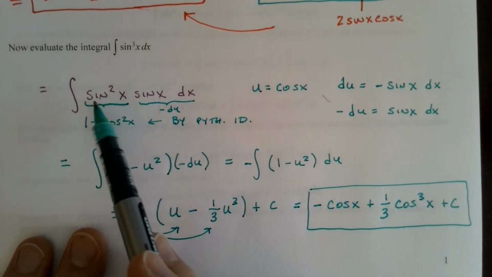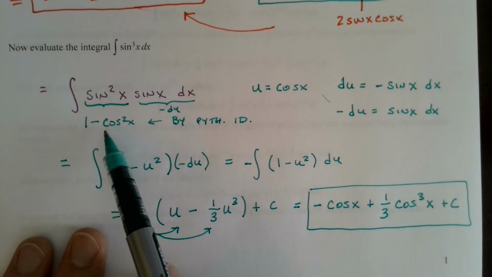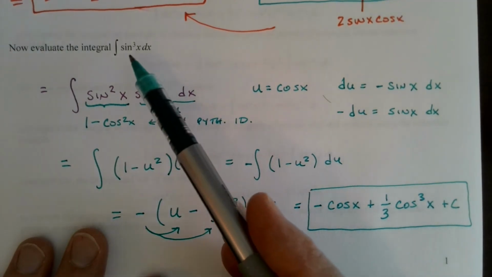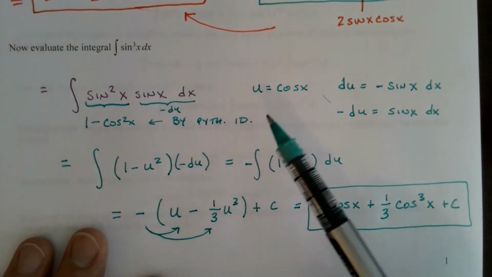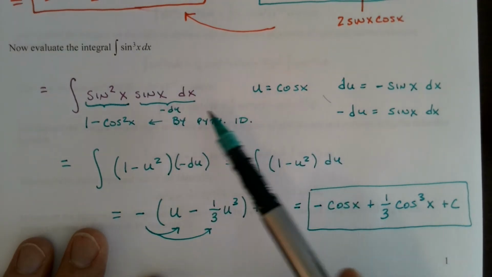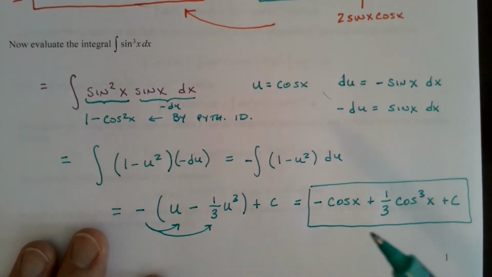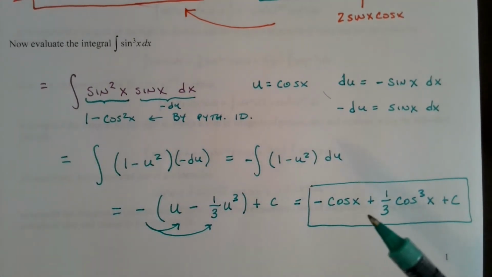The even powers of sine, we're going to be able to convert to cosines by the Pythagorean identity. Similarly, if we have an odd power of cosine, we'll pull off one of the cosine factors for the du, and we'll do u as sine of x, and we'll convert all the powers of cosine to sine by the Pythagorean identity. And that's the technique that we're going to use.